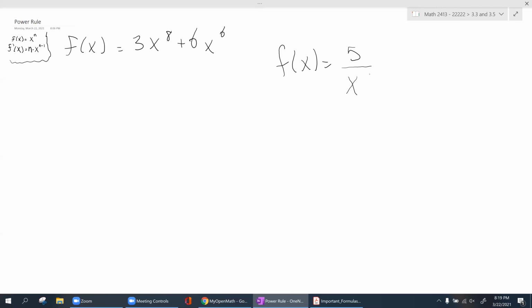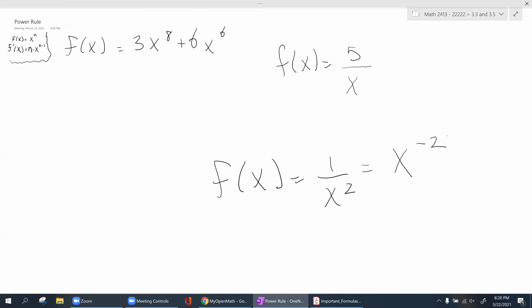So this is 5 over x. I know what the power of x is. Before I get to this, one thing to remember: 1 over x squared is the same thing as x raised to the negative 2.